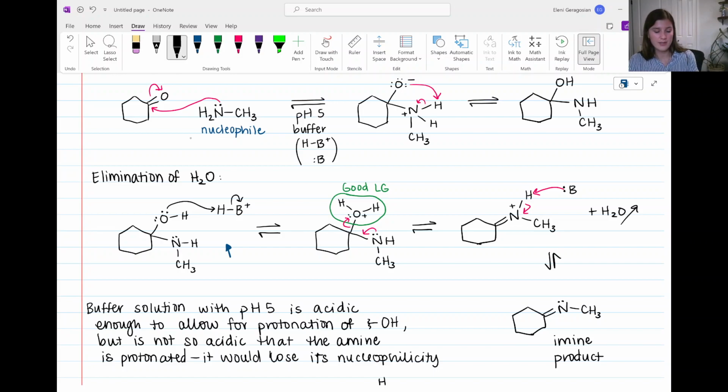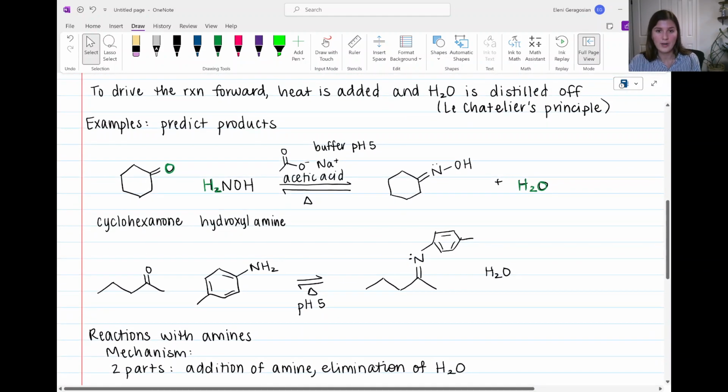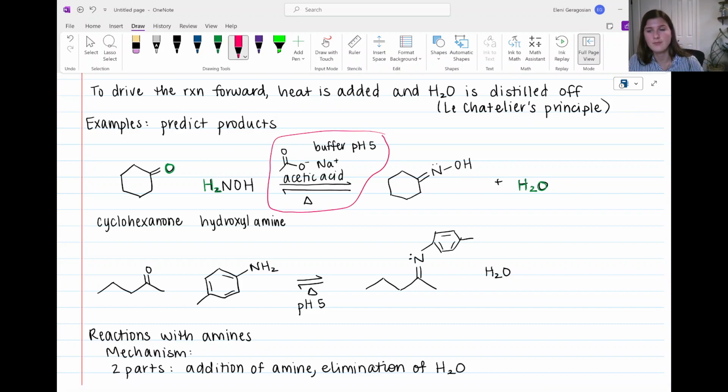Now in the previous video, I showed an example, I'll scroll up here, where the buffer solution was specifically with acetic acid. Well, acetic acid has a pKa of, I believe, 4.8. So we're right near the pH of 5.